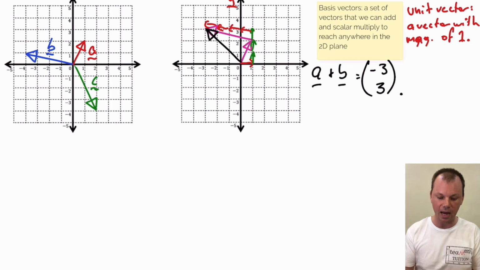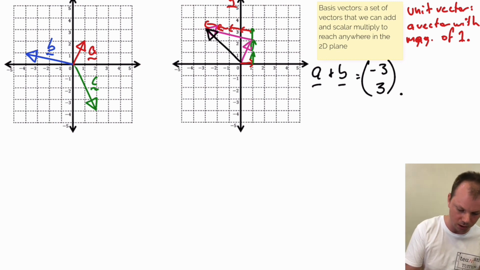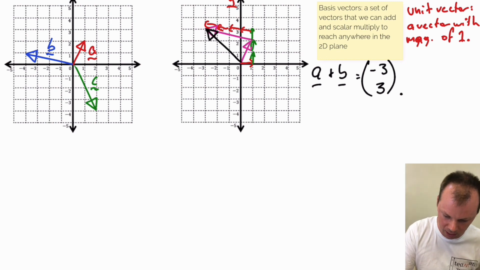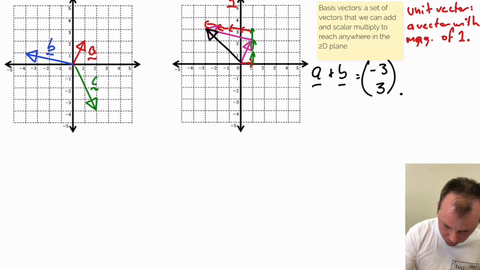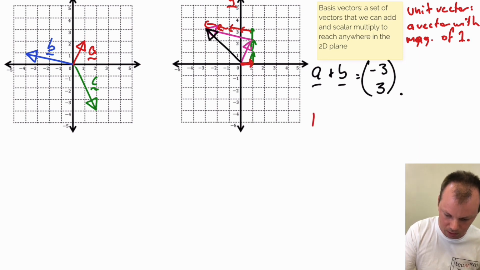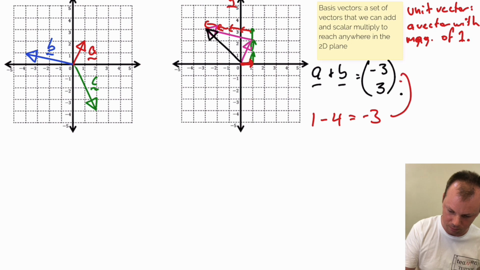So if we wanted to add these things up using our components, we can say that our A vector, we're going +1 in the x direction, and then we are minusing 4, so we're ending up at -3 in the x direction.